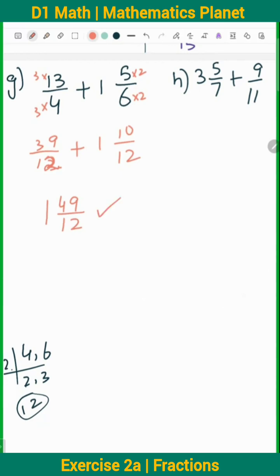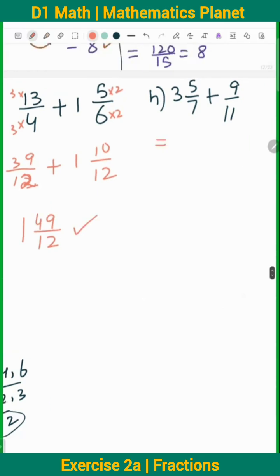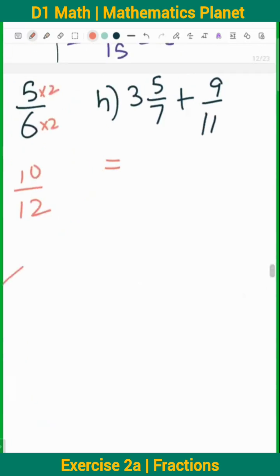Yes. Okay, I want Ishal, Fatima, Atif or Fatima, I don't know, to do part H. Yes, Ishal. The whole number will be 3, and then... Ishal, speak loudly. What is happening to your speaker or mic? Because 7 is a prime number, you need to multiply on both sides with 11 here and 7 here. 55 by 77 plus.